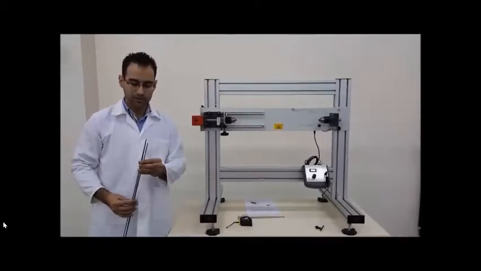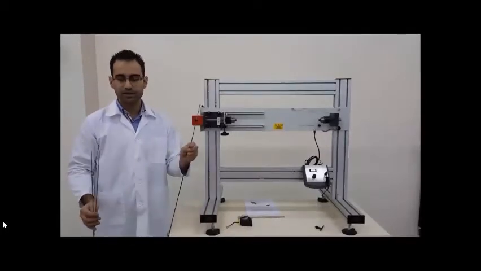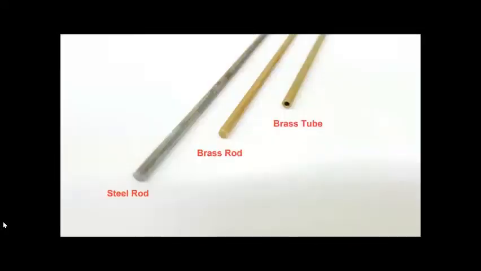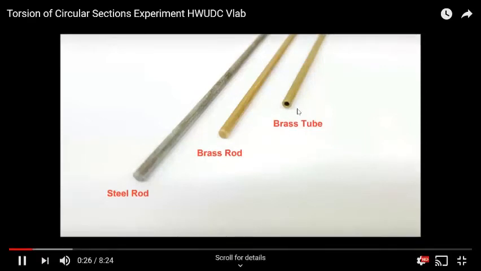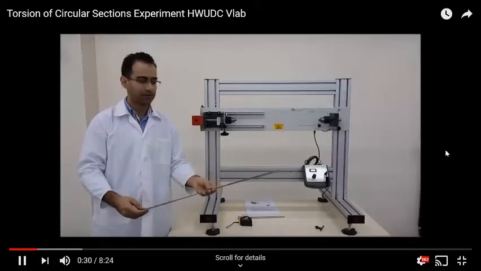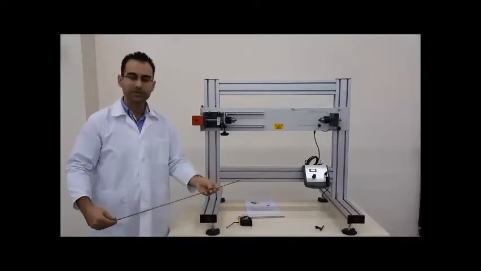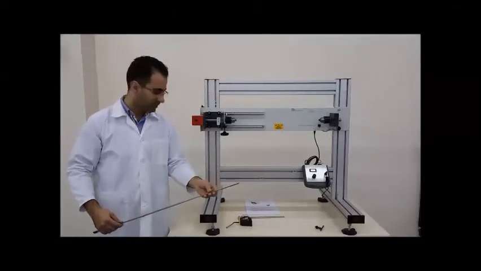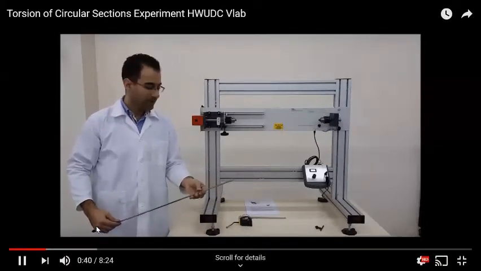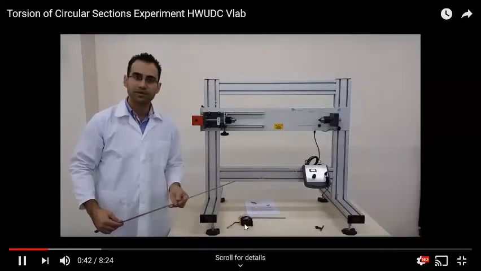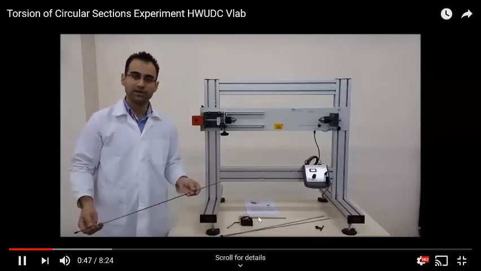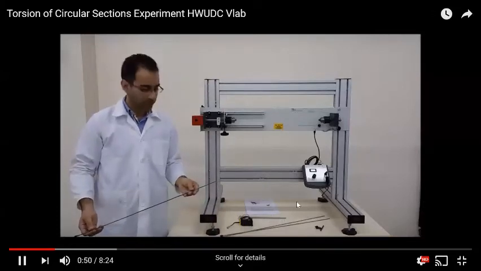All right, so there's 3 different circular sections, 3 rods that we're going to test. A solid rod that's steel, a solid rod that's brass, and then another brass tube. Right, so he's saying there's a rubber stopper on this end because it protects a sharp part. And you would also need to measure the rod using a tape measure, and a diameter using that caliper there.